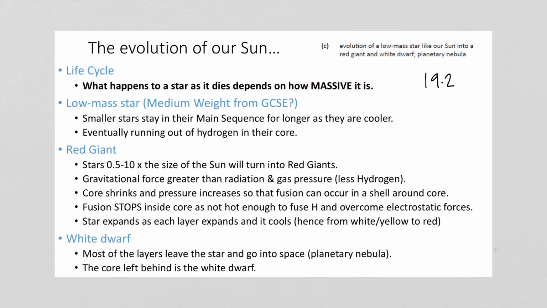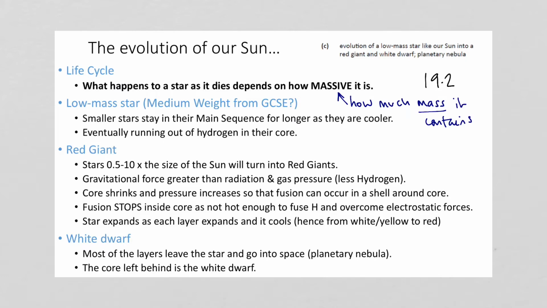Now, when we say massive, we don't necessarily mean huge. The chances are it is big, but massive, what that means is how much mass it contains. And if it contains a lot of mass and therefore is massive, then that links directly to the gravitational pull inwards. So gravity and mass.